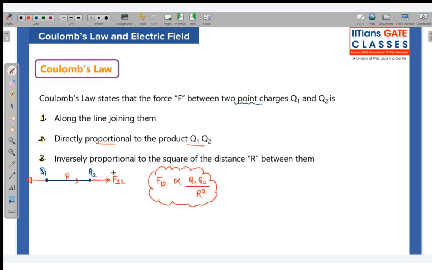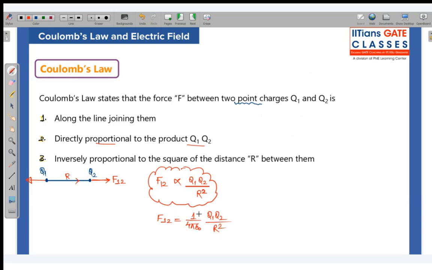Hence, right now we have written it in the form of magnitude. Now, there is a proportionality constant which is 1 upon 4 pi epsilon naught. Then Q1 Q2 upon R square.